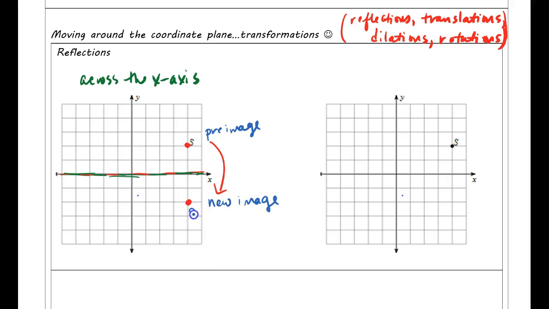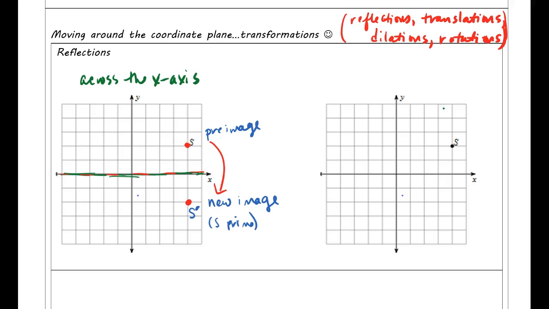You don't want to call it S because that is S, but it's like S, it's just been moved, and so a lot of times people just rewrite the S, but then they put a little, it almost looks like an apostrophe right there. That apostrophe in math is not called an apostrophe, it is called a prime. So it would be read S prime, but yes, it does look like an apostrophe, okay? So the S prime is just the new image of S and where it is moved.